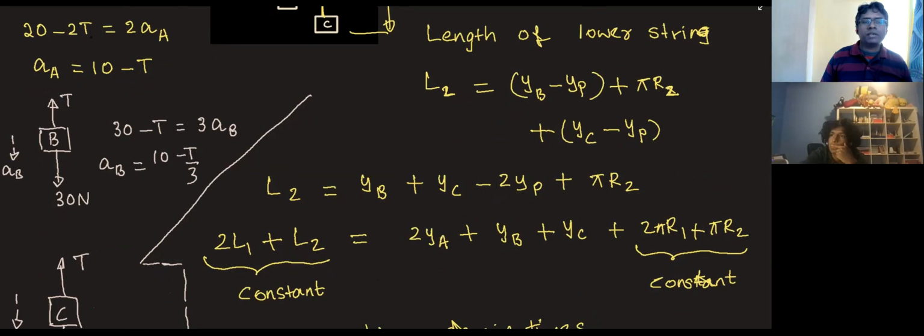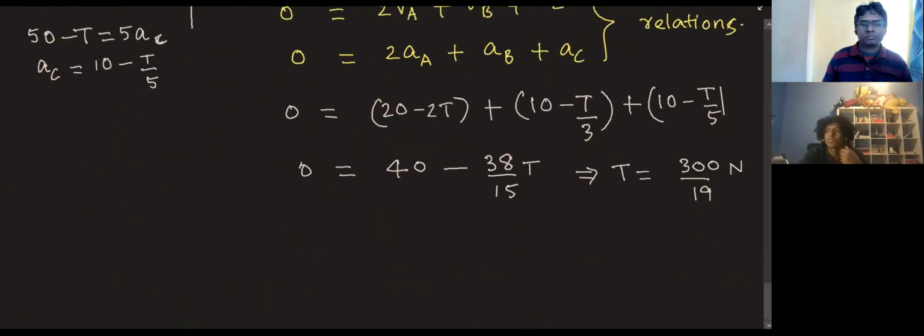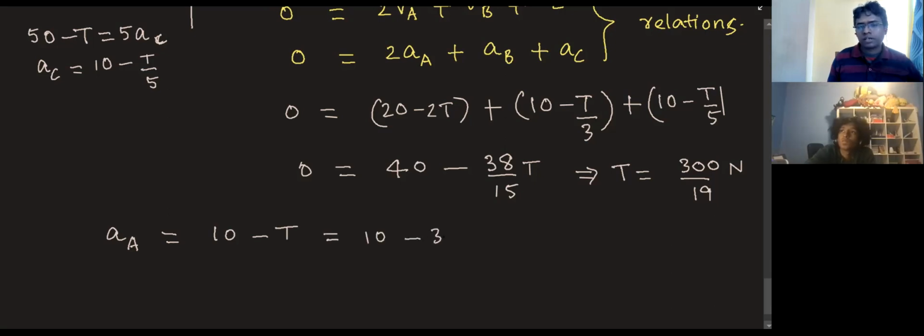So if I take a look at this, AA is 10 minus T. So acceleration of A is 10 minus T, so 10 minus 300 by 19. So that's a negative of 110.